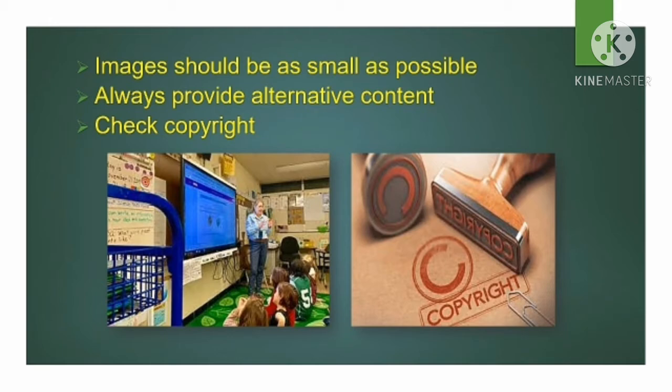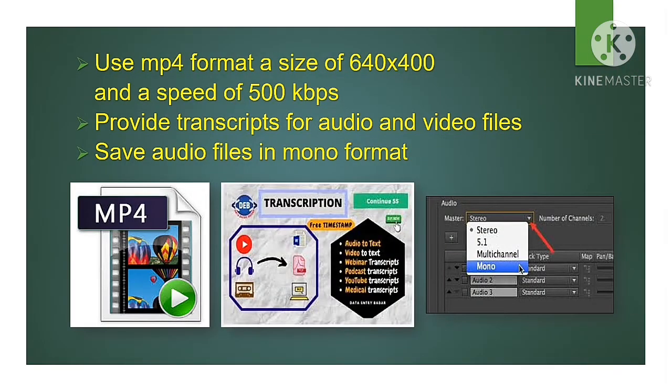Teachers must check copyright in order to give credit to the author or the maker of the videos. Next, use MP4 format, a size of 640 by 400, and the speed of 500 kbps. Next is provide transcripts for audio and video files. Lastly, save audio files into mono format.